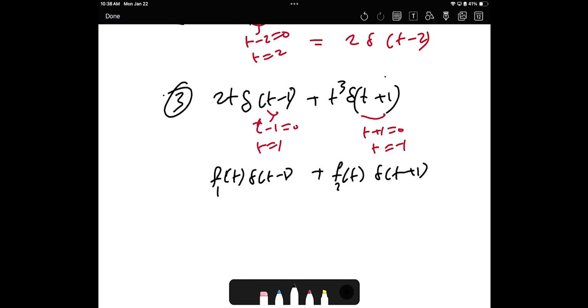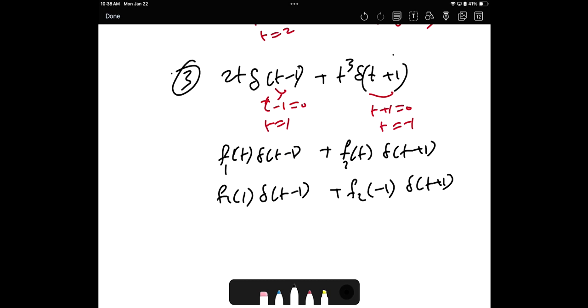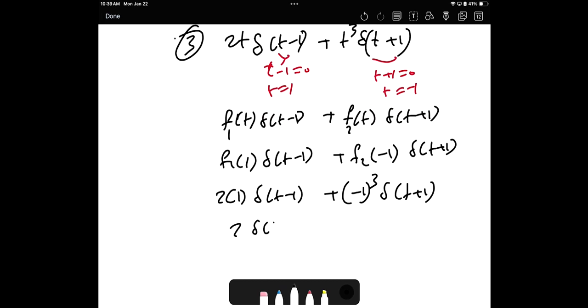So you can substitute them: it will be f1 of 1 delta t minus 1 plus f2 of negative 1 times delta t plus 1. Then substituted, equal to 2 times 1, delta t minus 1, and here negative 1 cubic times delta t plus 1, so it will be 2 delta t minus 1 plus negative 1 cubic, which is negative 1, so it will be minus delta t plus 1. Okay?